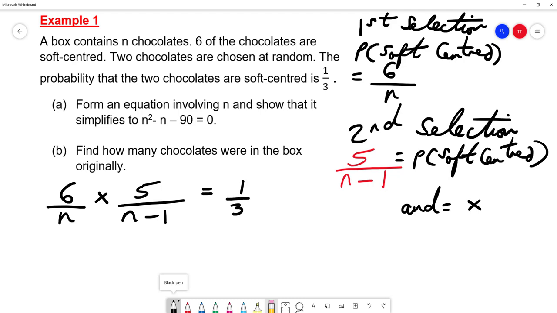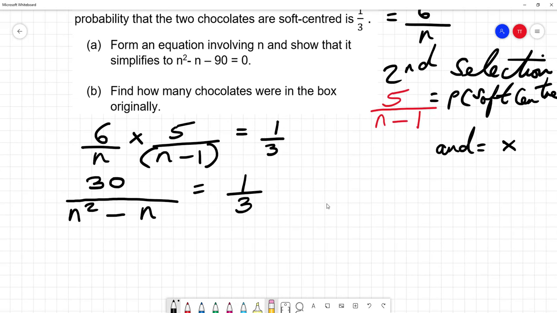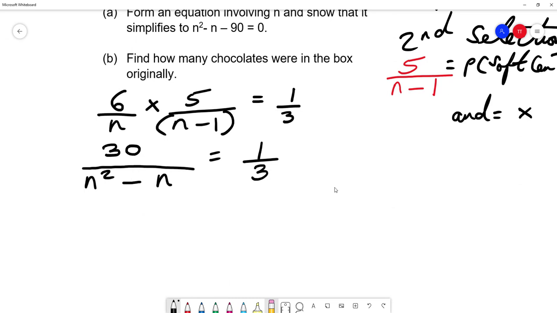So now we can do 6 times 5, which is 30, over n minus 1, I'm going to put a bracket around it. And then on the denominator, we can multiply them. n times n is n squared. n times 1 is n. And this will be equal to a third. Now what we're going to do here is use the process of cross multiplication.